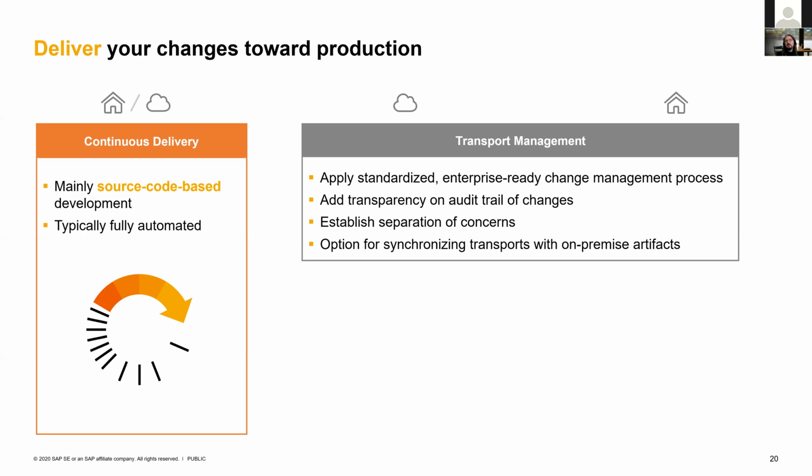You could also establish some kind of separation of concerns, which might first sound like a contradiction to DevOps, but the idea here is that you have a defined handover from your development team saying, okay, you have a release candidate, and now you bring that over into transport management, where the operations team can then propagate it towards production, considering the different boundary conditions of the corresponding target environments.